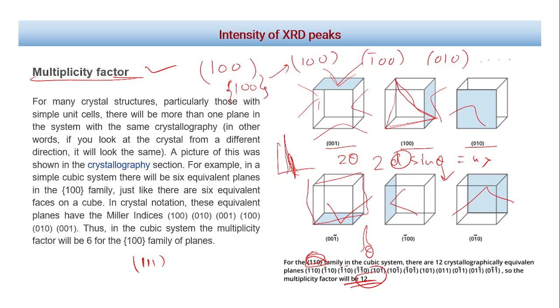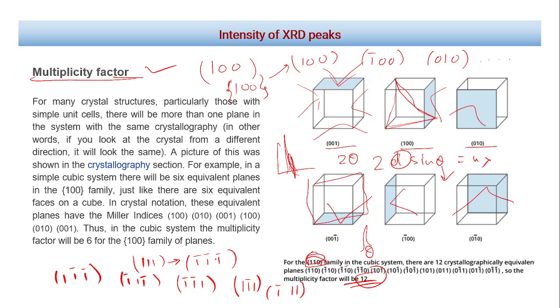If we are talking about this plane, again in a cubic crystal, then its different variations will be 1 bar 1 bar 1 bar, 1 bar 1 bar 1, and so on.